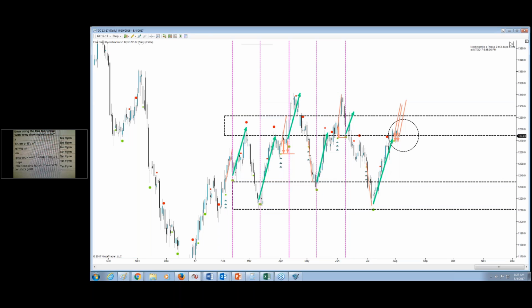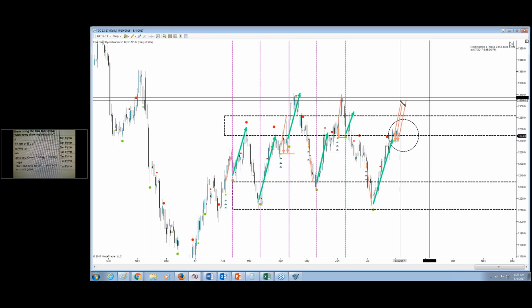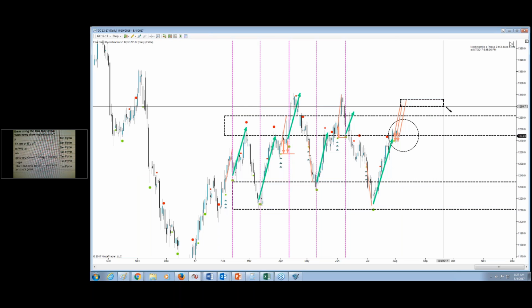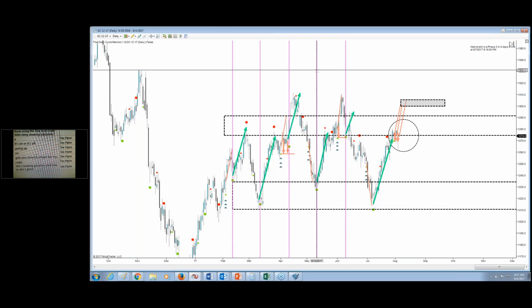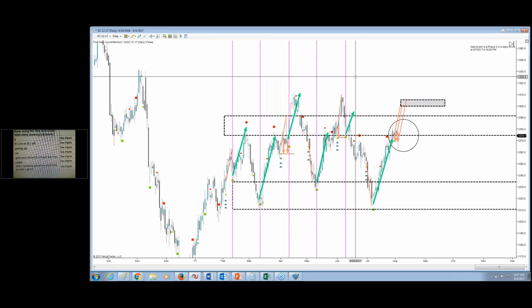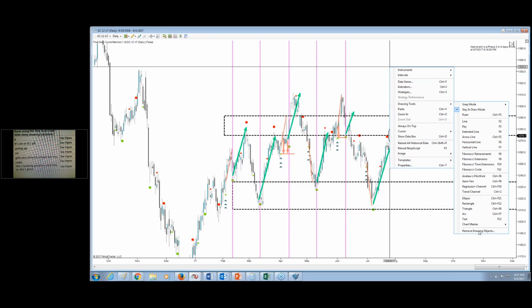Actually, I'm going to put a rectangle right here, and I'm going to get rid of everything else but the rectangles.